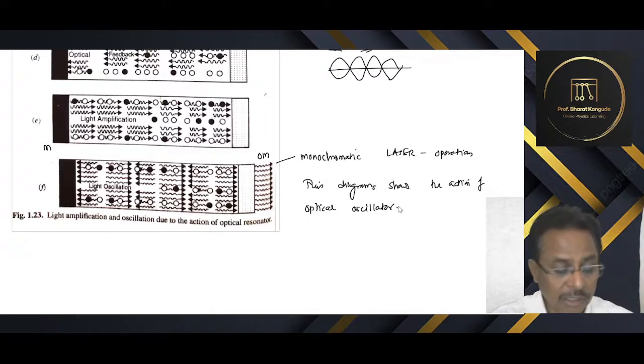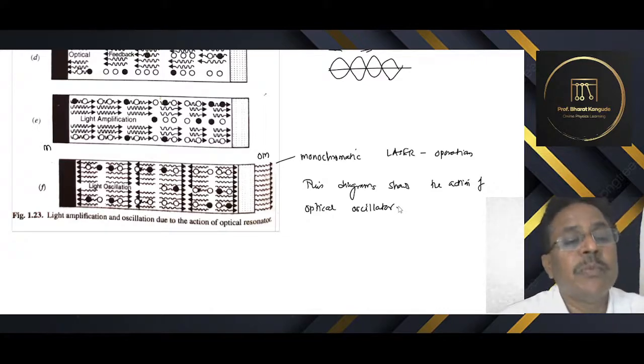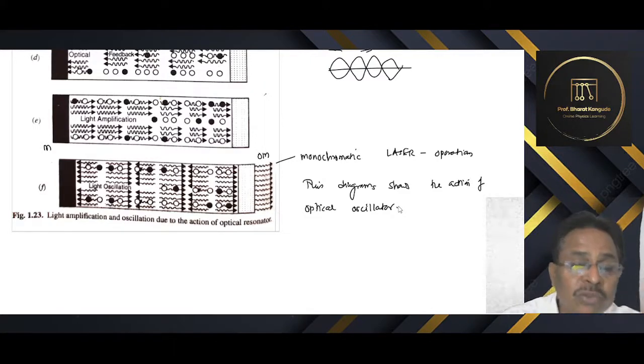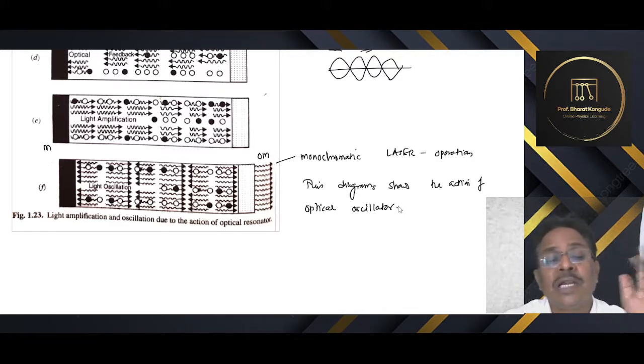For any optical laser source, this operation has to be carried out, and according to that we have to design a laser in such a manner: what type of frequency we need, what type of active medium we are using, what type of mirror we are using. There can be several different types of lasers, but the operation of all of them involves population inversion, stimulated emission, optical feedback, light amplification, and light oscillations.